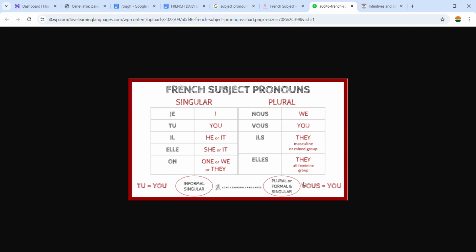And the plural here is vous. Vous also means you people. For plural as well, vous is used, you people, and vous also means you only. Every language has different rules. So in French you will see a new rule: vous means you, and it also means you people. You just need to pay attention and learn the rules I am telling you, and you will learn very quickly.